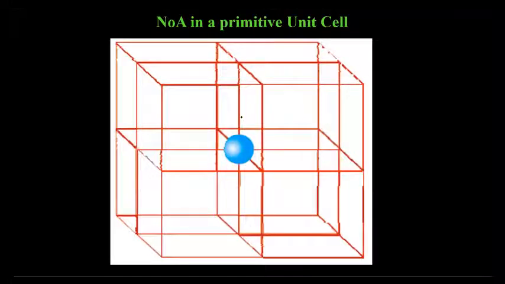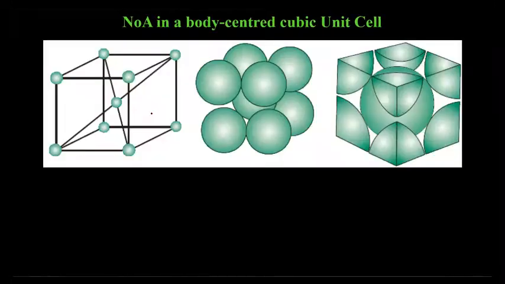So that's what we discussed, that an atom, if it is on a corner, is just 1 by 8 in one cell. Total 8 cells share the same corner, total contribution 1.